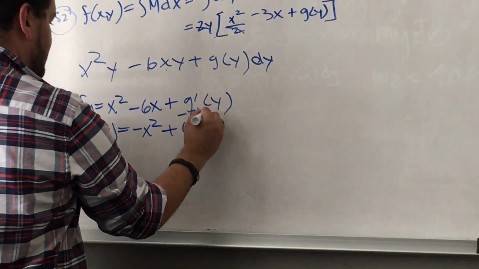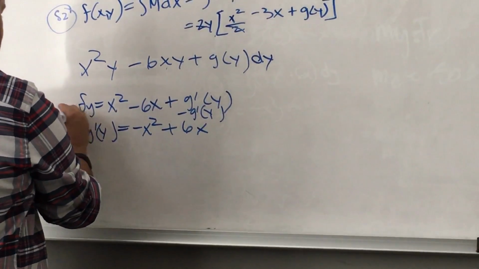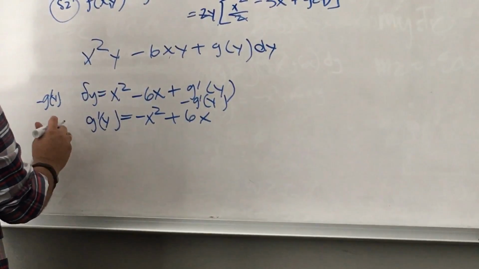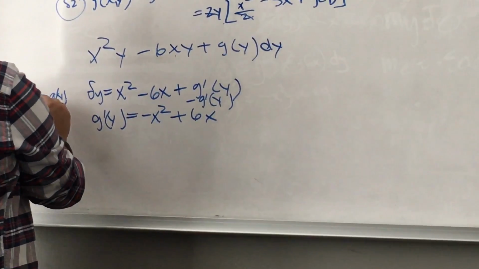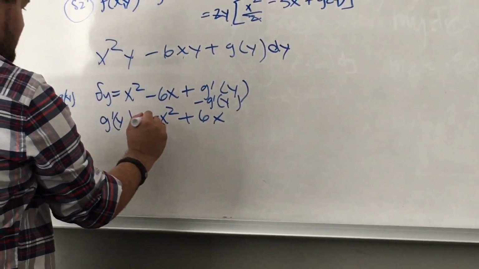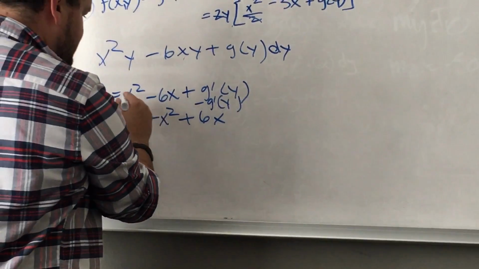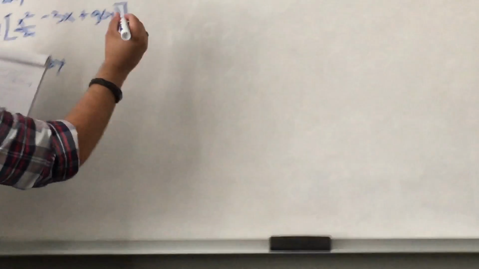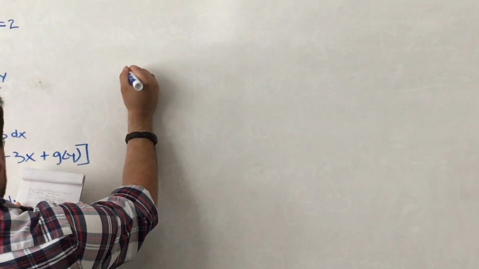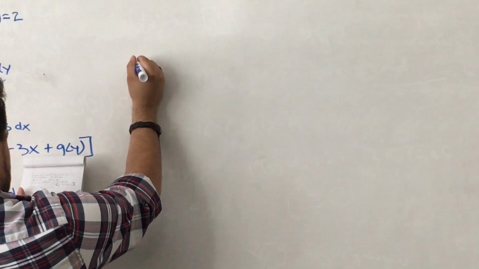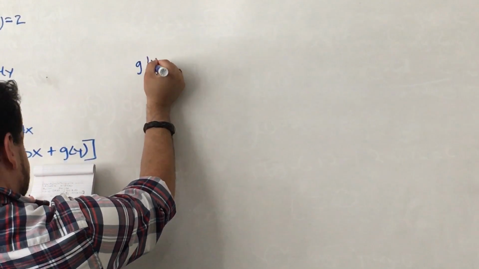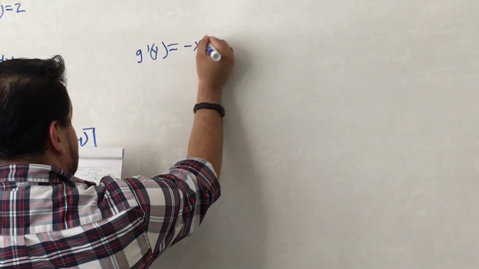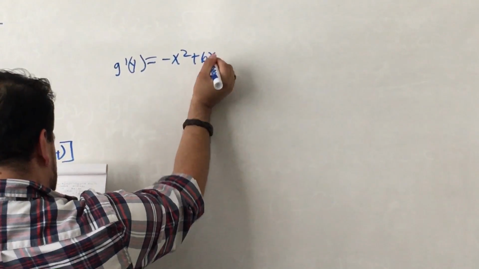We minus g prime of y here, minus g prime of y, and then we factored out the negative, making it negative x squared plus 6x. And then what we get here is g prime of y equals negative x squared plus 6x.